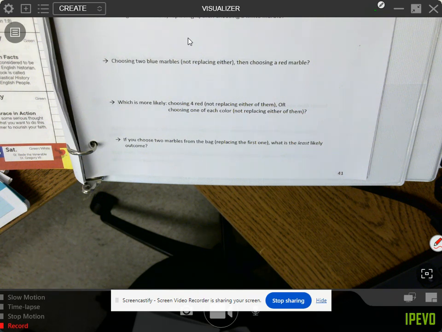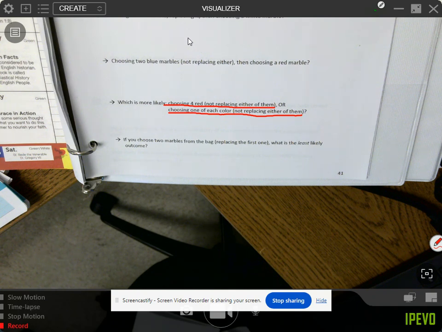We have 2 different things that we're finding the probability for. We have to find the probability for the top, then we have to find the probability for the bottom, and we have to see which one is a higher probability, which is more likely to happen.